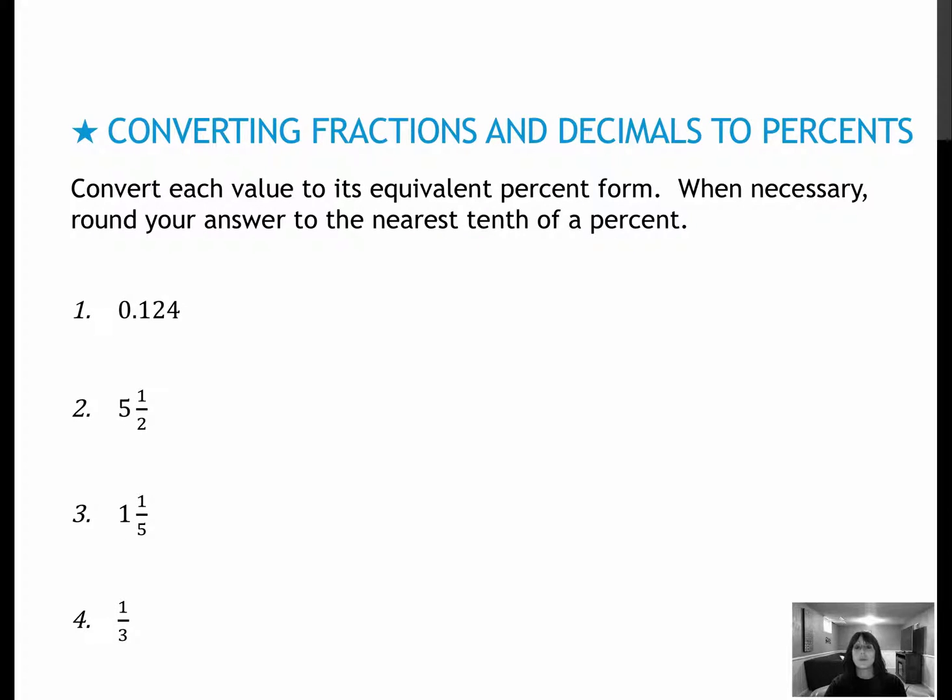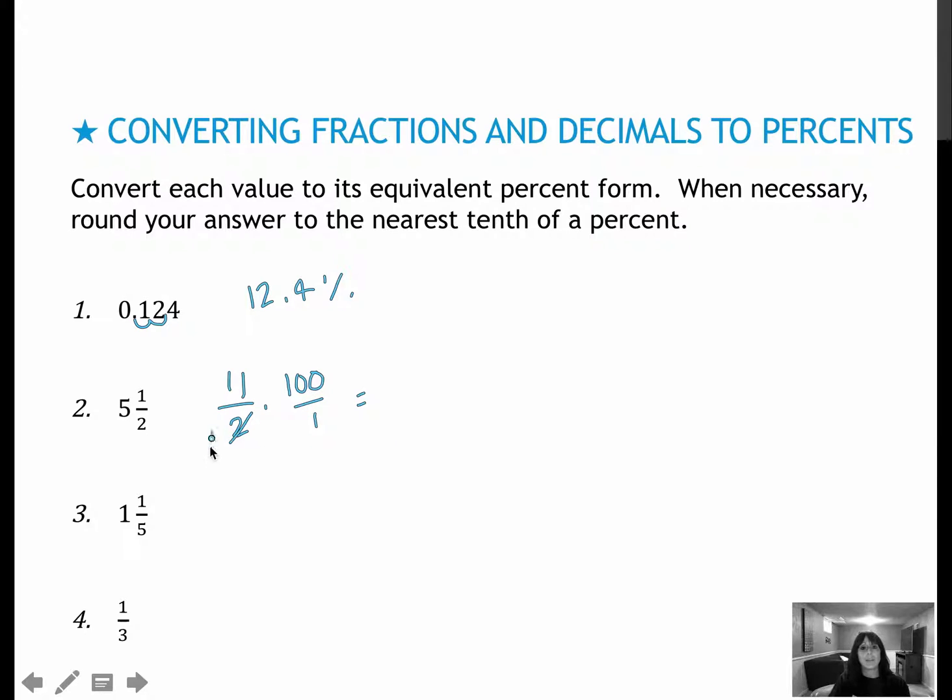These are 4 for you to try on your own, so try all 4, then press play to see how you did. For the first, 0.124, 124 thousandths, to a percent would just multiply by 100 or move the decimal, so 12.4%. 5 1/2, I have a choice. Turn that into 5.5, then move the decimal twice, or turn this into 11 halves times 100 over 1.